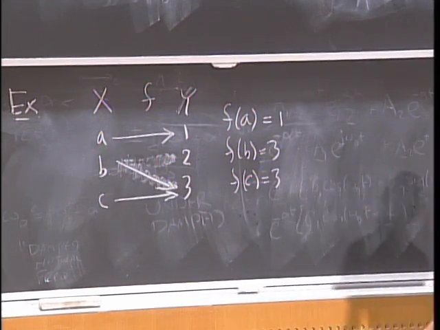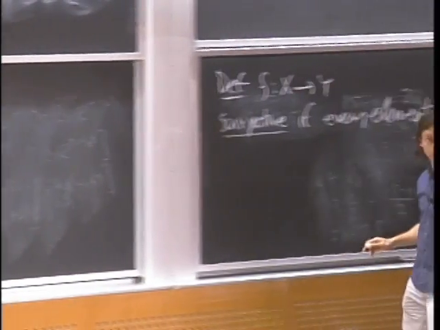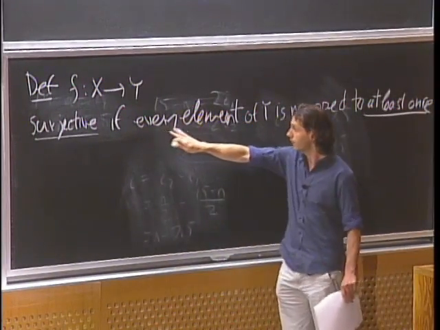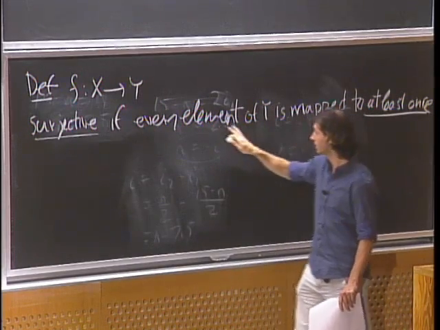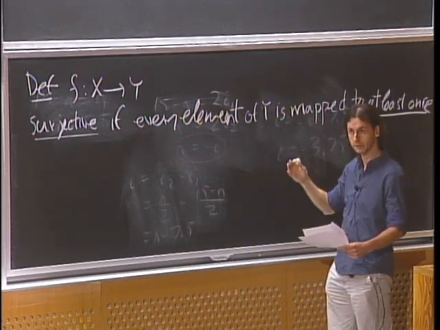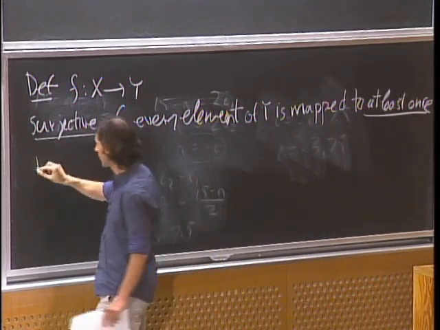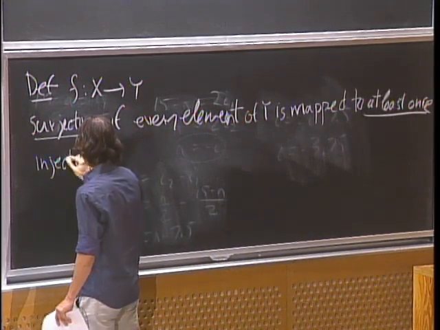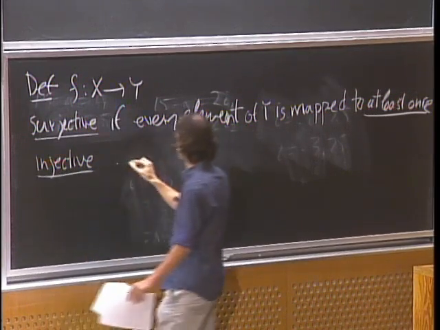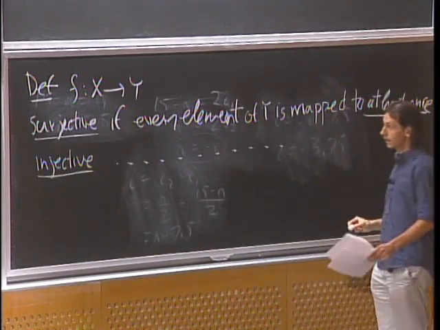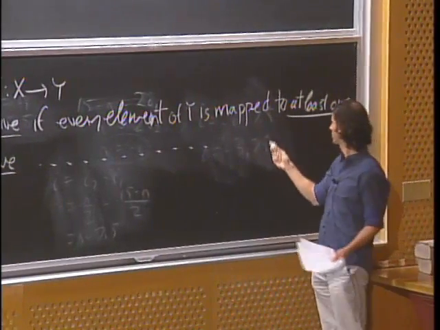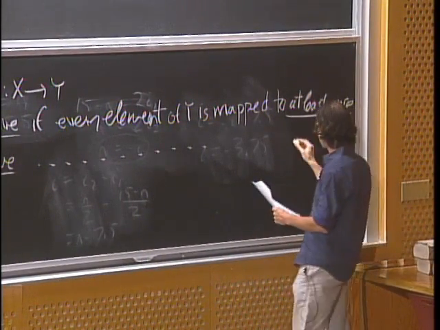So this particular example is not surjective, but we will come to a few examples that are. So here we have the distinction that every single element of Y is mapped to at least once. Then injective is defined in a similar fashion, but now every element of Y is not mapped to at least once, but at most once.